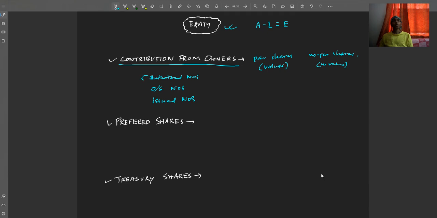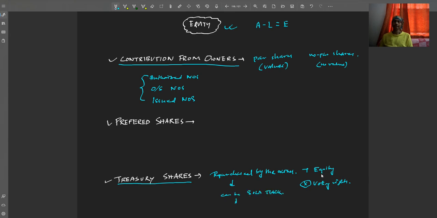Now, to understand all these 3, we also have to understand what treasury shares are. Treasury shares are basically those shares which have been repurchased by the owner. They are in the balance sheet as equity. These treasury shares do not have any voting rights. No voting rights. And they can be sold back in the market. They can be sold back.